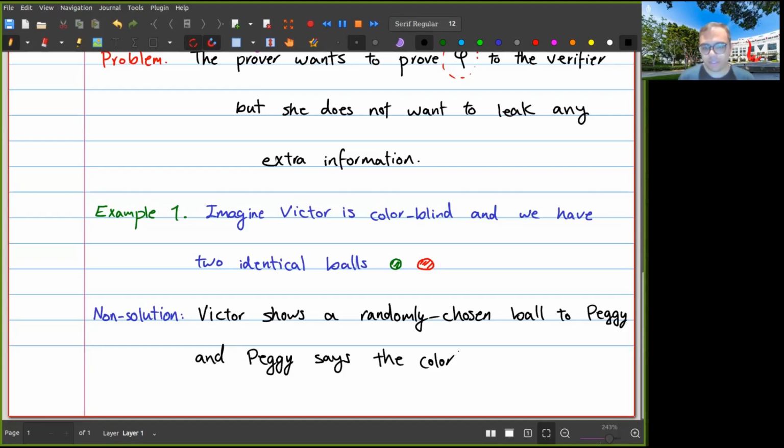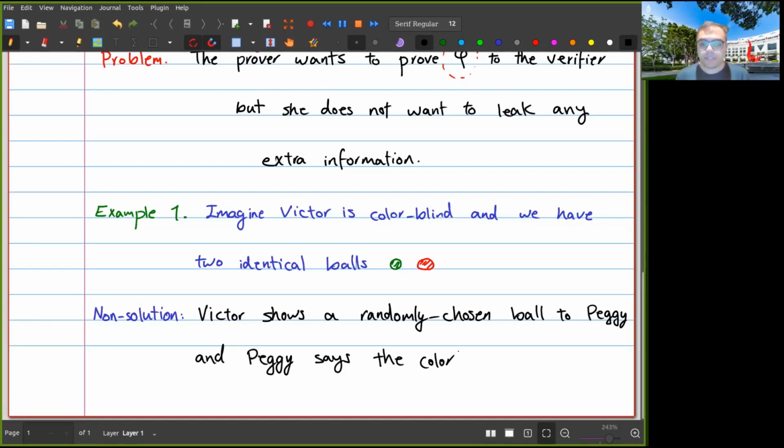So if in his mind, he adds numbers to the balls, he has ball number 1 and ball number 2. Every time he's randomly showing one of them to Peggy. And if Peggy always says that ball number 1 is green and ball number 2 is red, then Victor knows that Peggy has a way of really distinguishing these two. Right? So I can prove to Victor as Peggy that I can actually see color.